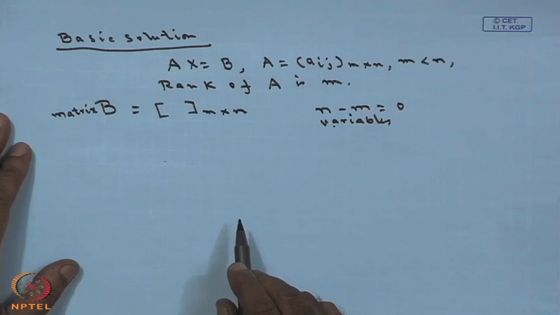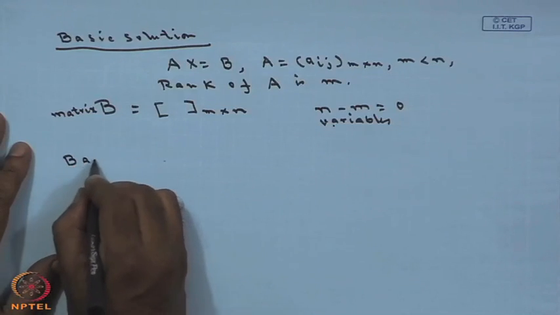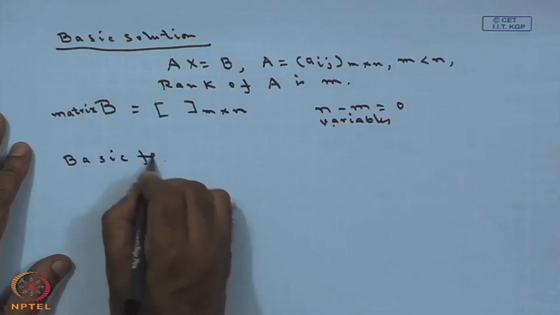So, since the rank of A is m, we are taking the m equations and all other variables, n minus m variables, we are taking as 0, then we are finding out the solution, and that solution is known as the basic solution. Once we obtain the basic solution, then I can go for the basic feasible solution.